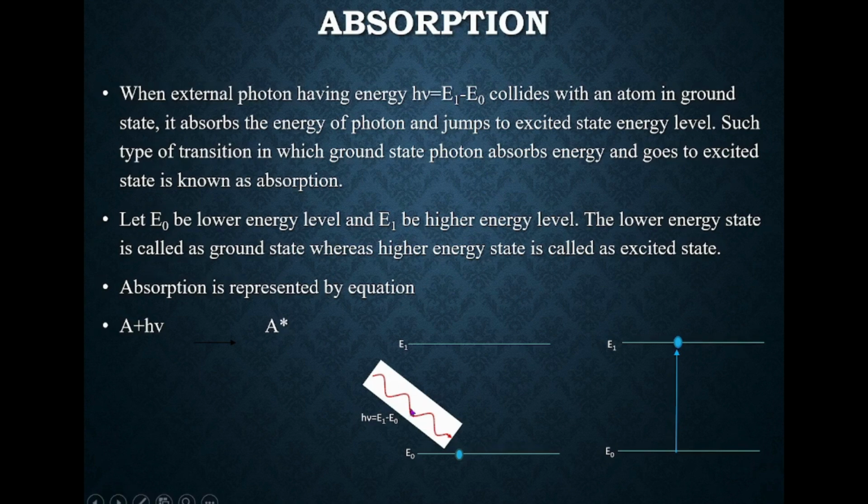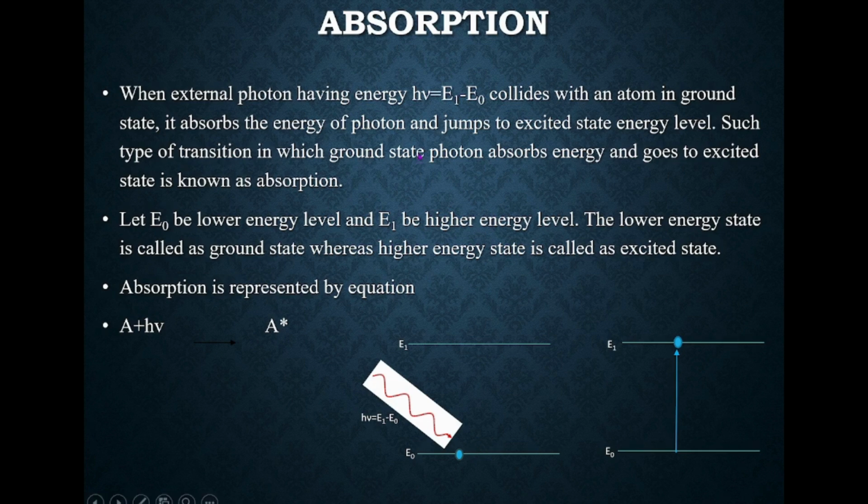The photon energy which is incident on the ground state atom has a fixed value: h nu is equal to E1 minus E0. That means whatever energy is provided to the ground state atom equals the energy difference between these two energy levels.